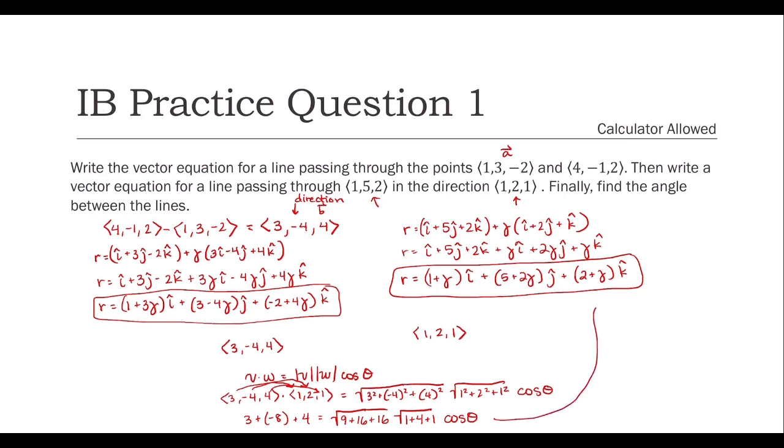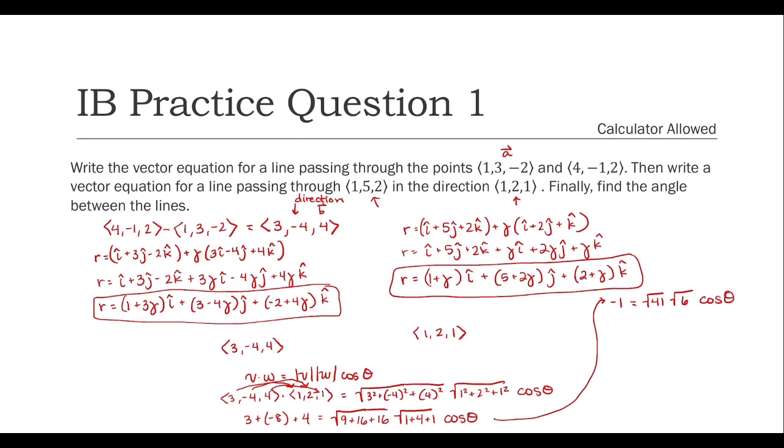We'll continue over here. 3 minus 8 plus 4 is negative 1, so that equals the square root of 9 plus 16 plus 16, which is 41, times the square root of 1 plus 4 plus 1, which is 6, times the cosine of theta.